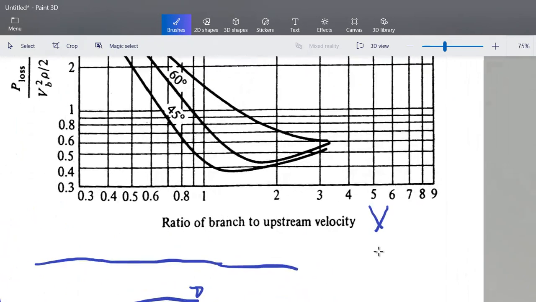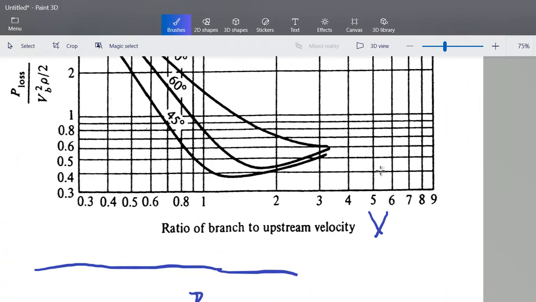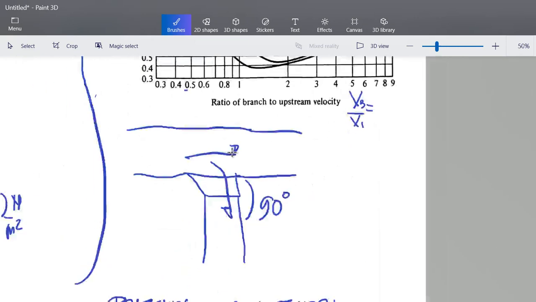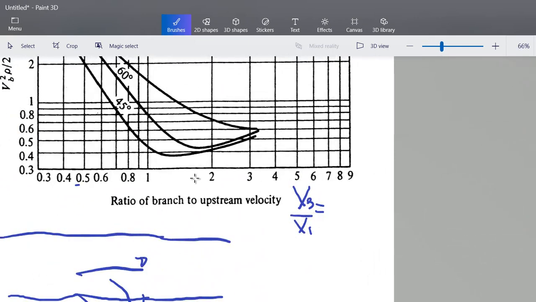So this will be in the x-axis, that will be V3 divided by your V1. V3 is usually higher, so since the value is small, it can go down in decimal places. So that is the ratio of V3 and V1. If you get the value of V3 and V1, plot it here.